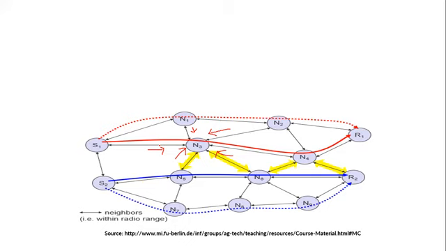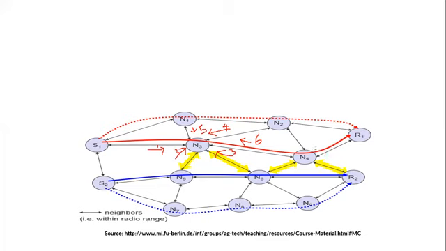So how many communications can it overhear? 1, 2, 3, 4, 5. It can overhear N4 also. So totally it can overhear 6 communications, so its interference value is 6. That is how we got 6.